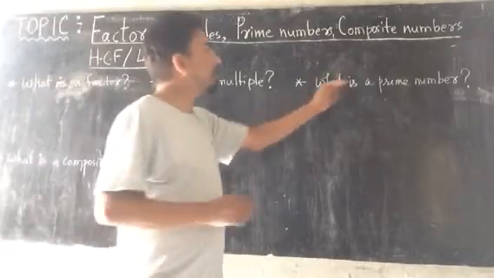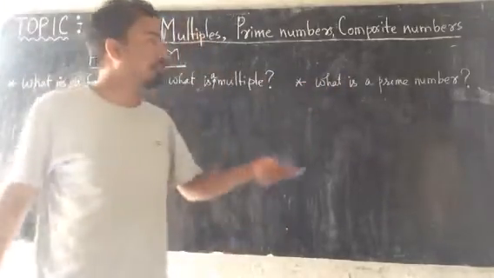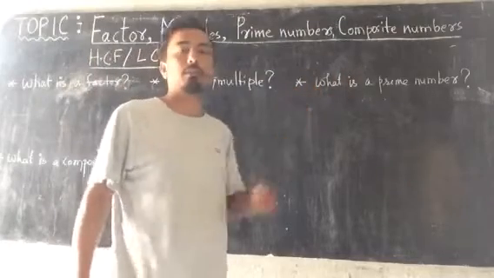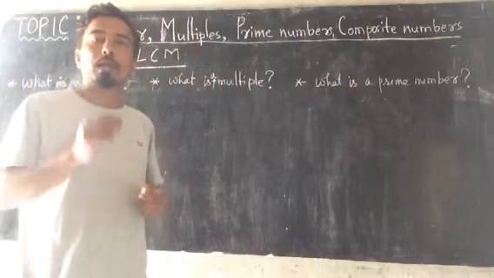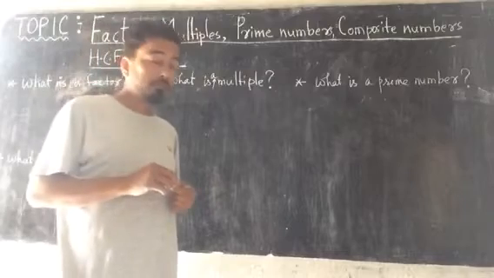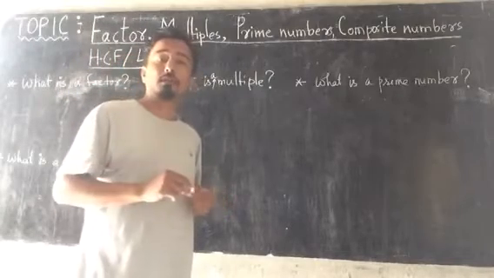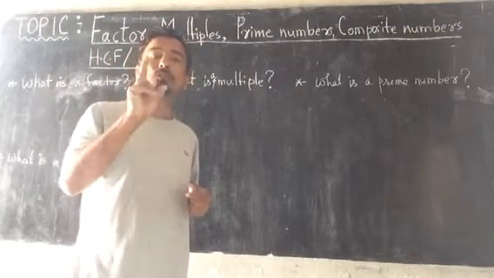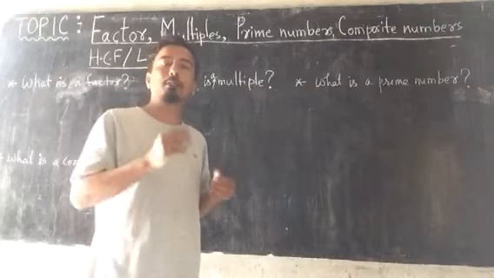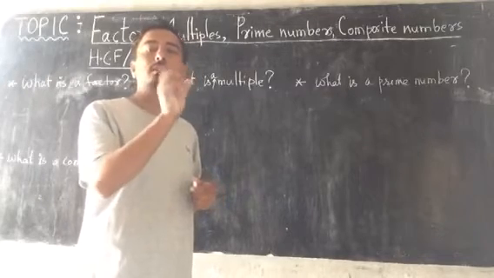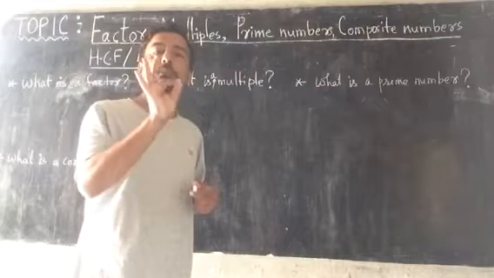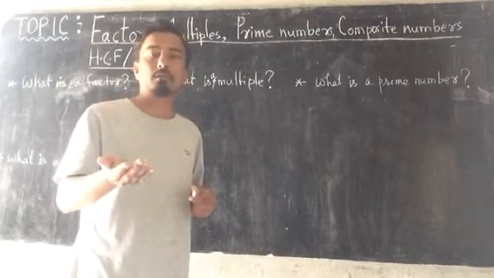So another topic which I want to discuss today is what is a prime number. We can understand a prime number in 2 ways. Simply, a prime number is such a number which cannot be divided completely by any other number.